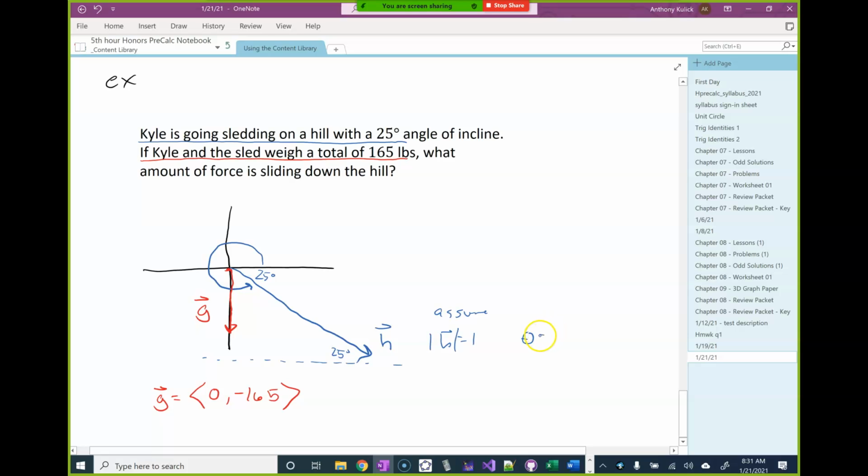So 360 minus 25 is 335. Write it that way first.